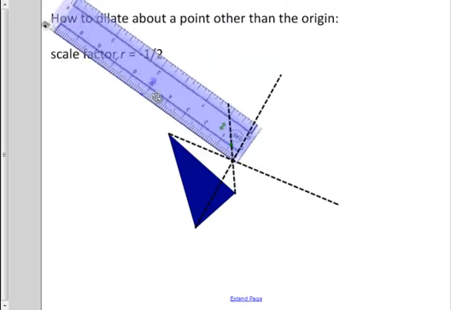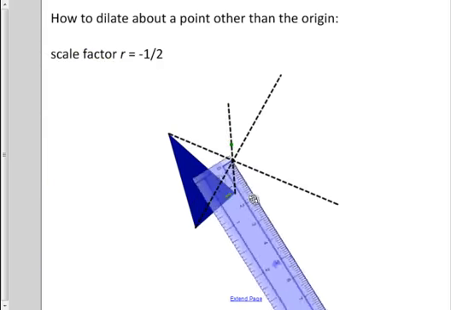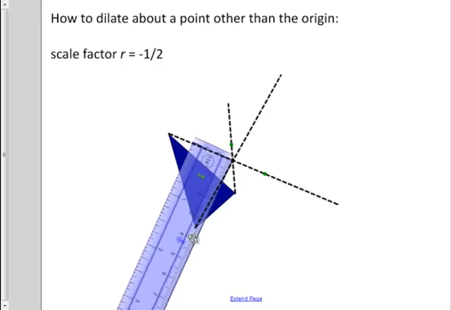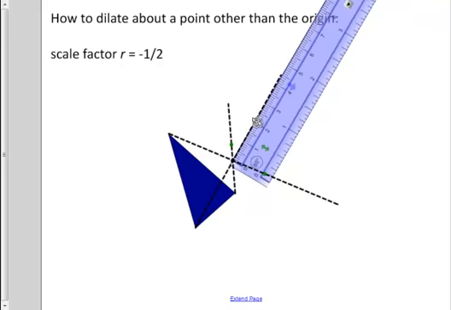Okay, this one is 3.2. I'm going to go half that distance, but in the opposite direction. So that's going to be 1.6. Swinging around. Mark it at 1.6. And then finally, this is 3.6. I want to go half that distance in the opposite direction. Half of 3.6 is 1.8, which is right there.